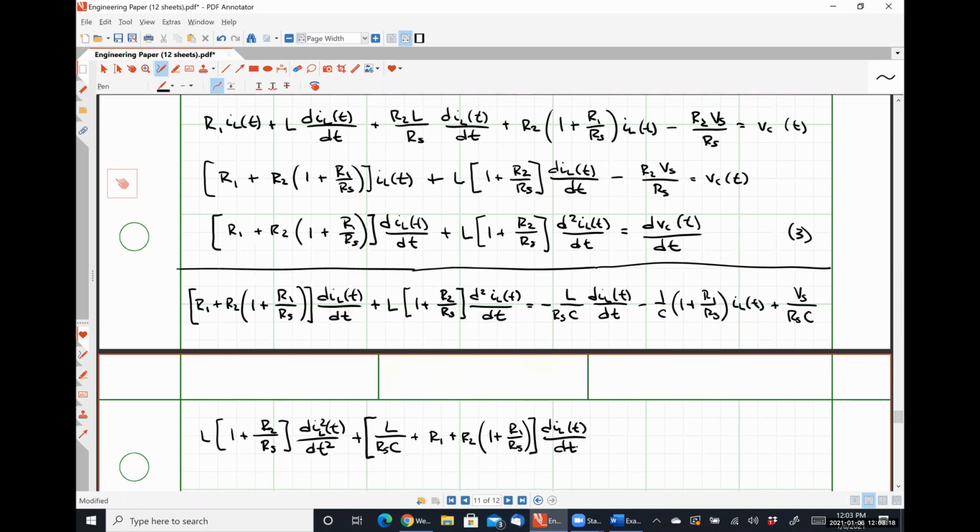Just to be clear here, I've taken care of this guy, this guy, and this guy, plus 1 over C times 1 plus R1 over Rs, IL is equal to Vs over RSC.